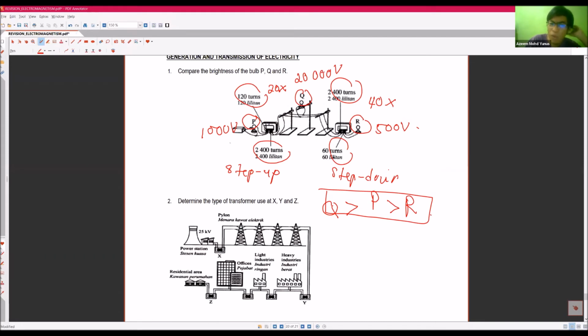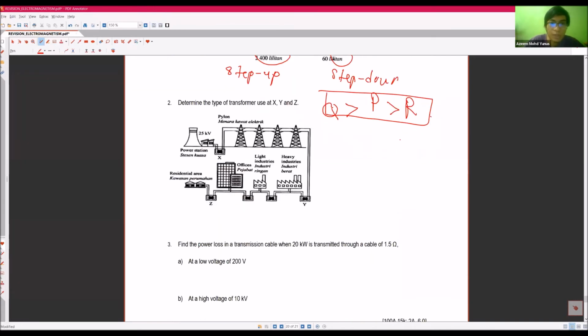But why do we need to increase the voltage before it reaches the National Grid Network, NGN? Because we want to reduce power loss. We're going to explain power loss later, but for now just remember that we need to increase the voltage before the NGN, and then we need to reduce the voltage back before it reaches the home.